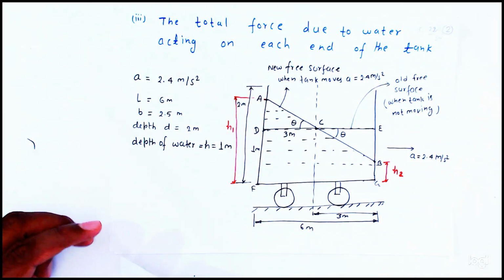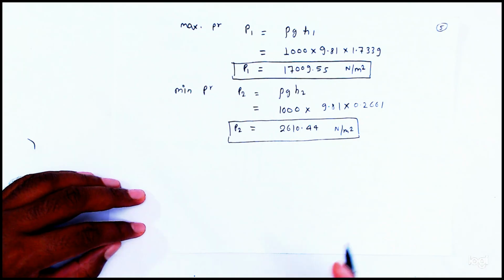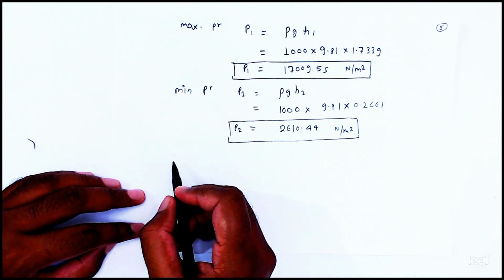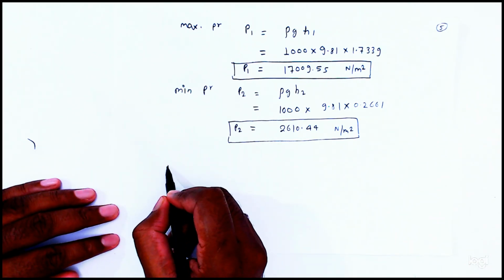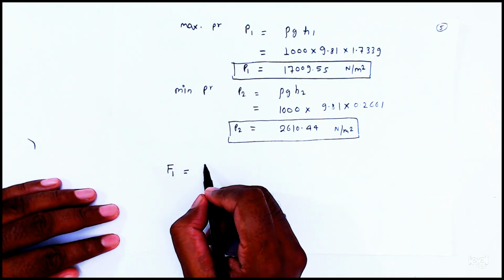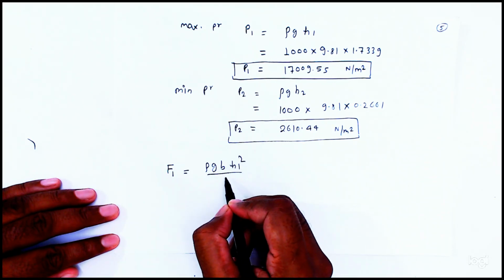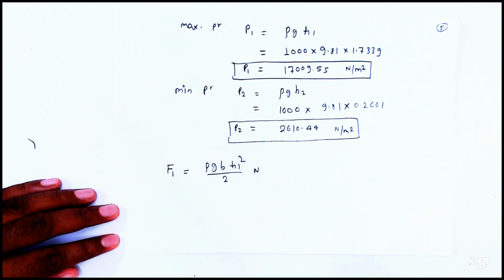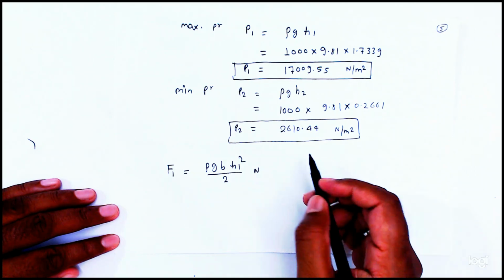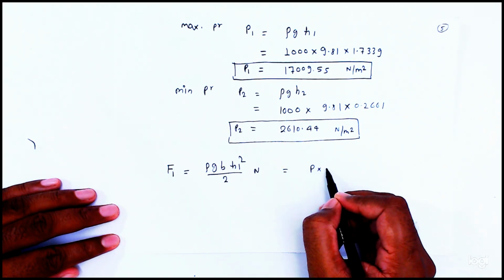Friends, in the last lecture I was confused about how to calculate the force. So we are able to find this F1 force. One formula is there, rho g b H1 square by 2 Newton, or we know that force is equal to pressure into area.